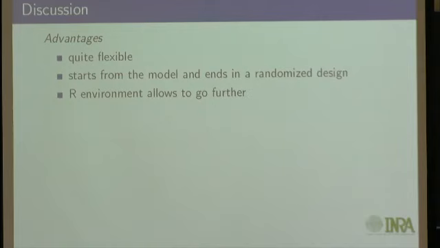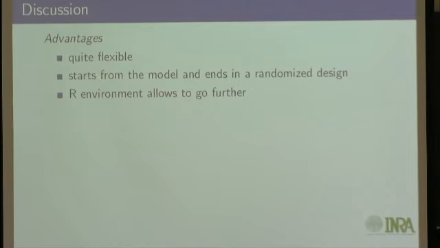So finally, to summarize very rapidly, as we have already discussed, the advantage is mainly that it's quite flexible with respect to the kind of design that can be constructed within the class of regular designs. From the user point of view, there is a model, and it ends in a randomized design.